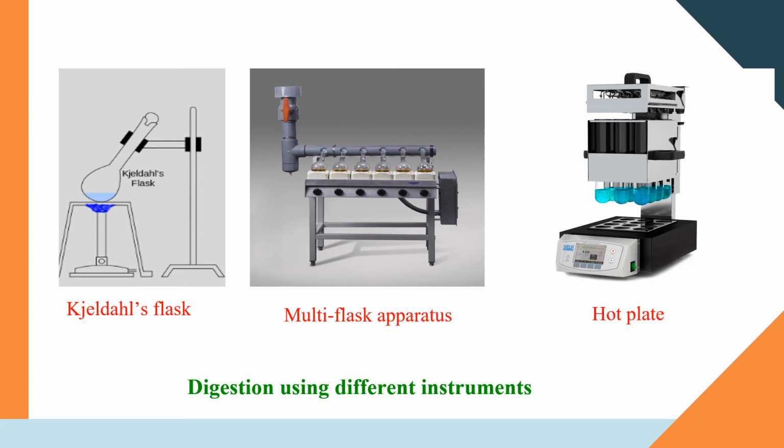In hot plate you expose tubes containing the digestion mixture to a very high temperature ranging from 300 to 350. So the milk sample can be digested very rapidly, but you still need around 3 to 4 hours for completing digestion.